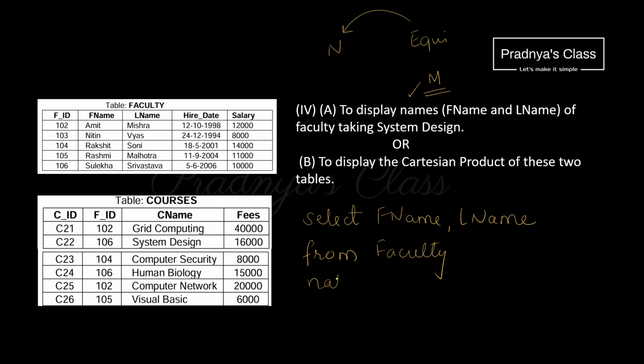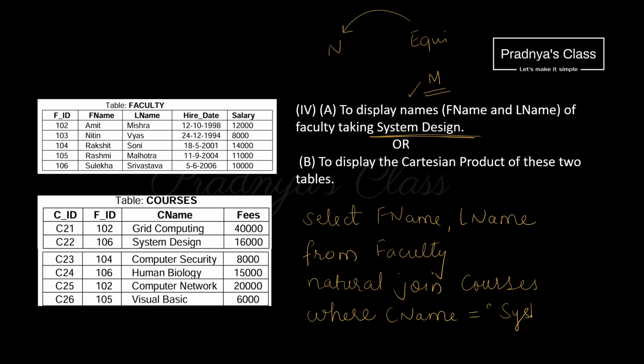I am doing the natural join, so I am writing natural join, the name of the second table, that is nothing but courses. Now it's time to check the criteria for getting the records from both the tables. For that we will write the where clause, where CNAME should be system design. So CNAME equals to system design.